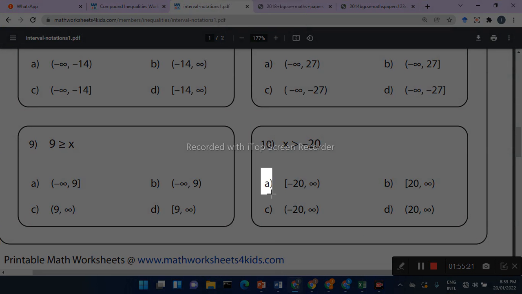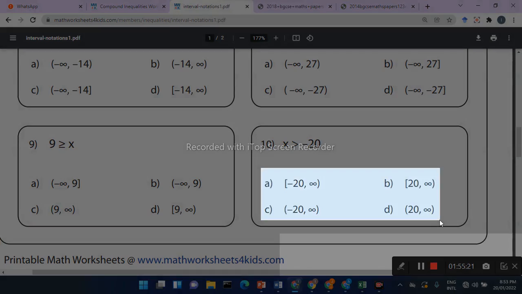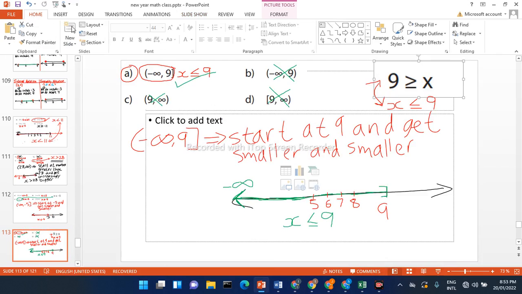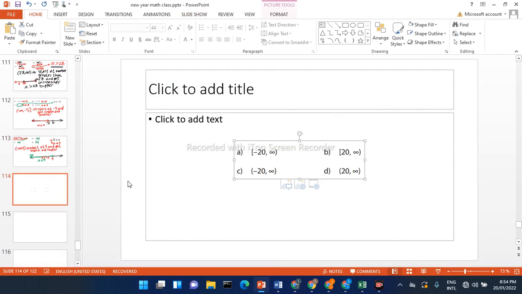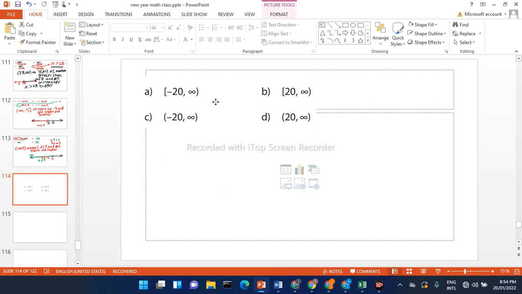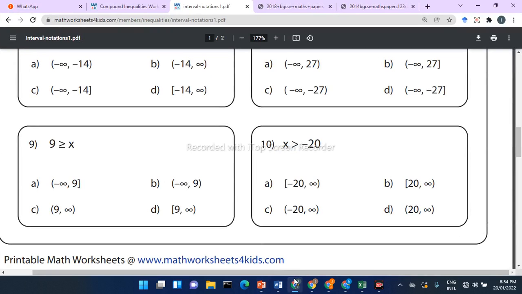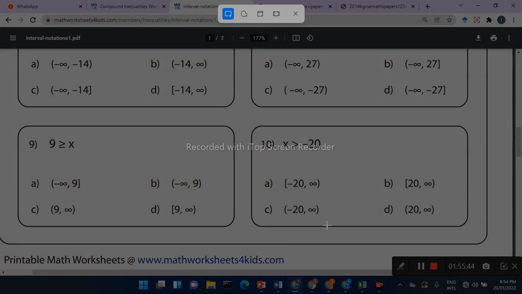Number 10, which one corresponds? So let's put this here, and let's consider this inequality.